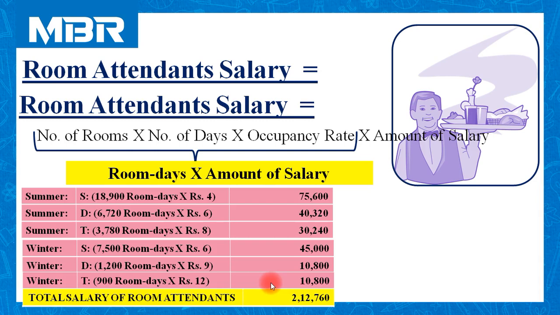So the total salary of room attendants is rupees 2,12,760. I hope all of you are clear with these extended calculations of room attendant's salary. In earlier questions, room attendant's salary was given as a single figure or double figure based on the season.